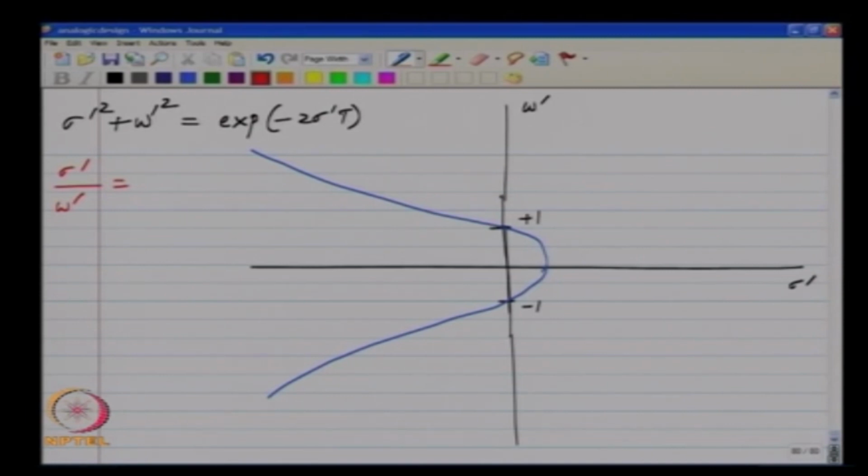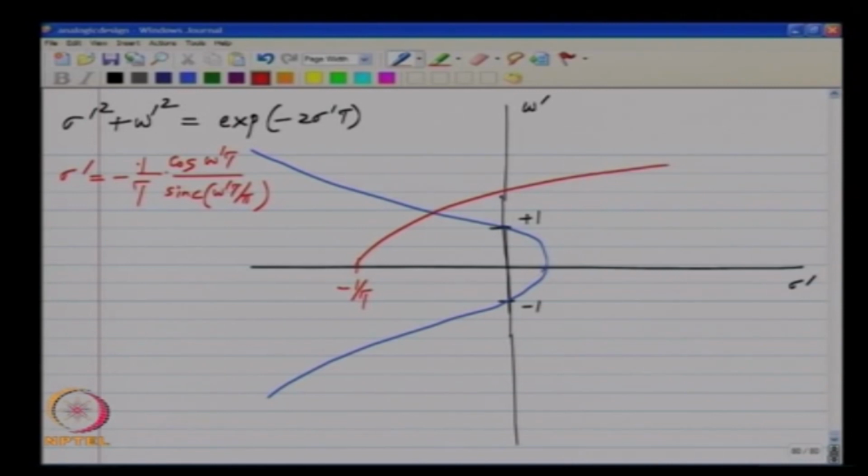And the other equation, sigma prime is minus 1 by tau cos omega prime tau by sinc omega prime tau by pi. This has a value of minus 1 by tau for omega prime equal to 0, and then it goes off like that, and it intersects the y axis at pi by 2 tau and minus pi by 2 tau.